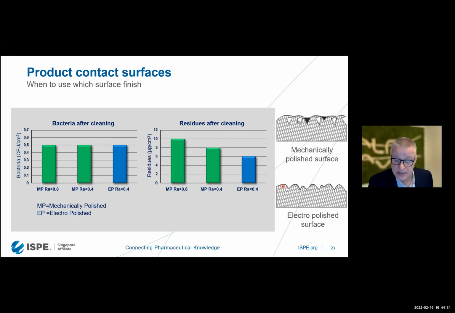You can see that this surface is also much smoother than the mechanically polished surface, and gives a lower surface area, which makes it much easier to passivate an electropolished surface, or to secure that the surface stays passivated.